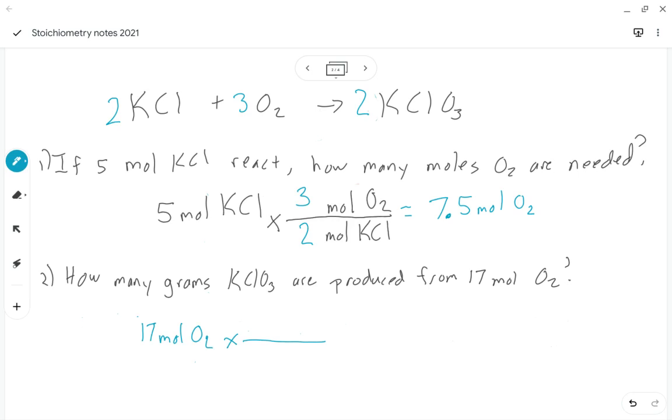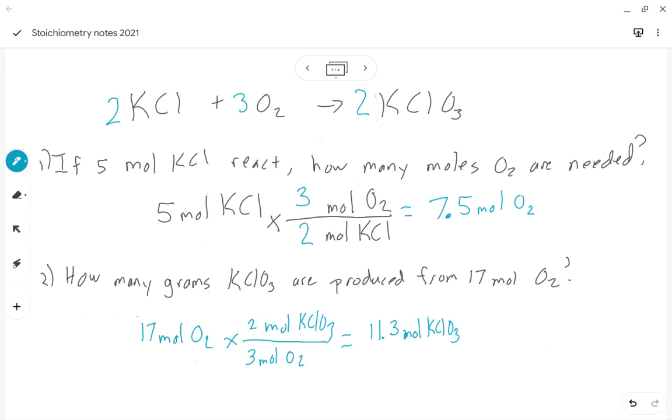For every 3 moles of oxygen, we make 2 moles of KClO3, because 3 oxygens, 2 potassium chlorates. So 2/3 of 17 is 11.3 moles of KClO3.